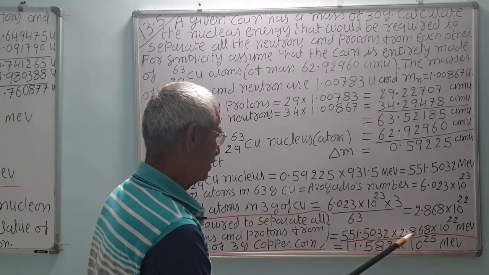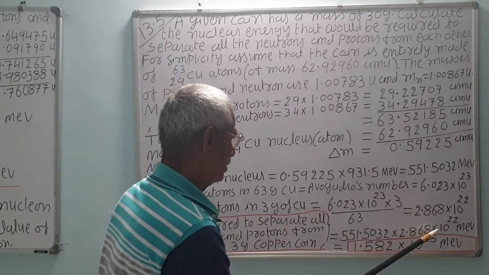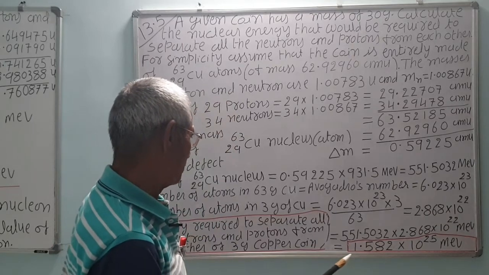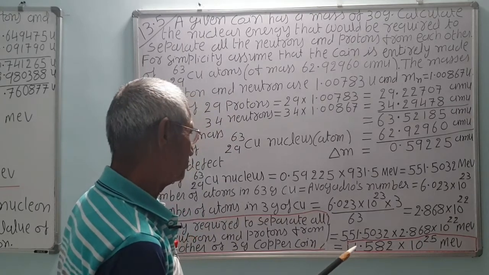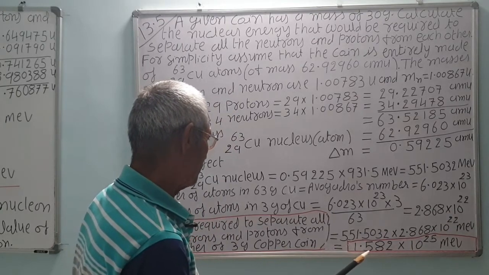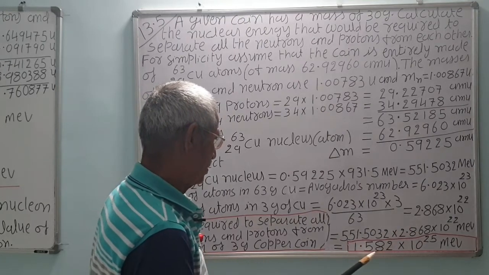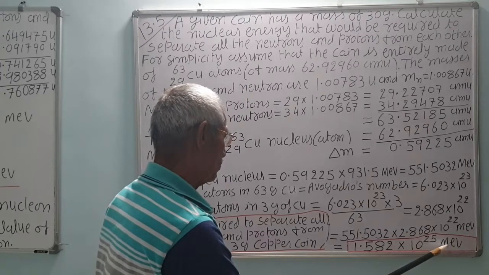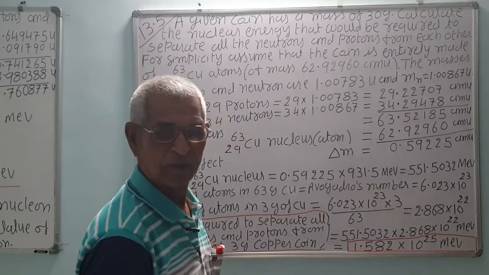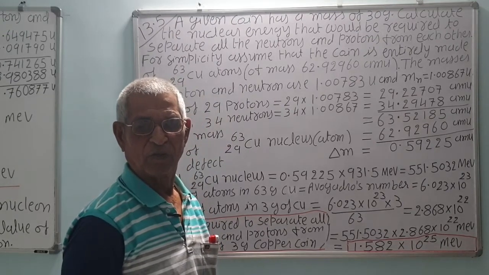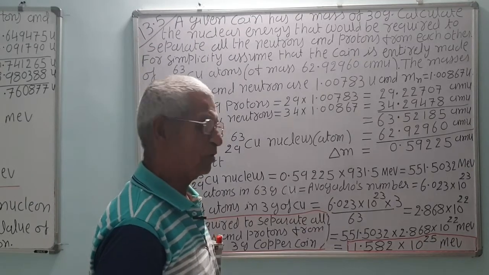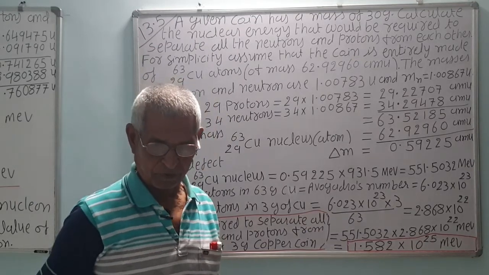This is the total energy to separate all the particles: 551.5032 into 2.868 into 10 raised to 22 million electron volt. That comes about 1.582 into 10 raised to power 25 million electron volts, a very high energy required to separate all the neutrons and protons from the 3 grams copper.